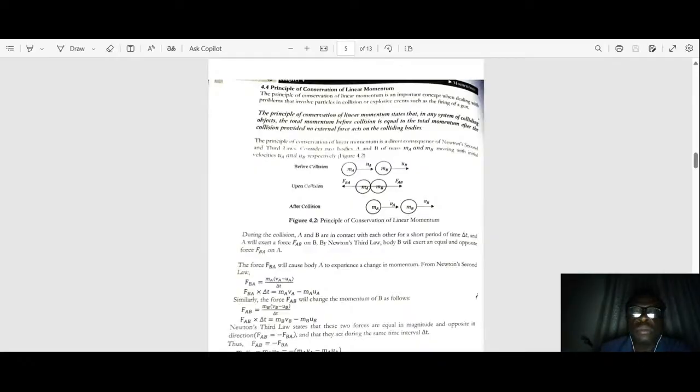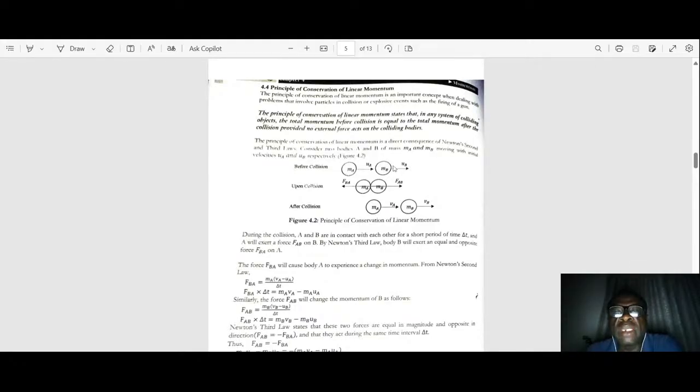So if you look at this expression, this is before collision. You can see my arrow. Ma is the mass, Ua is the initial velocity of body Ma, then Mb, Ub.